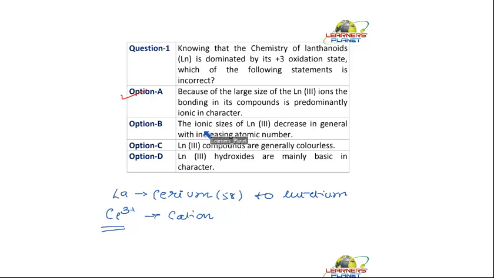Now, the next is: the ionic size of Ln3+ ions decreases in general with the increase in atomic number. Is it the case, students? With the increase in atomic number, what happens?